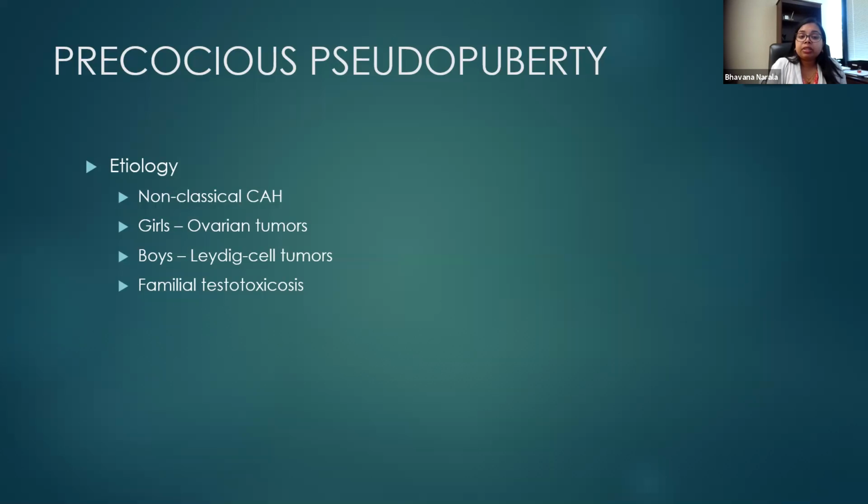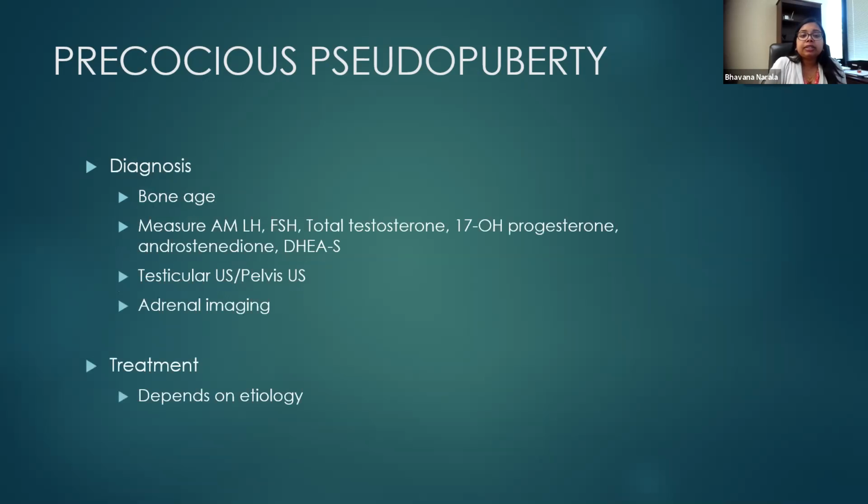And then familial testotoxicosis, kind of similar presentation, but it's genetic in etiology. It's an LH receptor mutation. There's constitutive activation. So they also present with undetectable LH, FSH, and very elevated testosterone levels. So diagnosis, obviously bone age, you're looking at getting imaging depending on what levels are elevated. If you have a significantly elevated DHEAS, maybe you're missing an adrenal tumor.